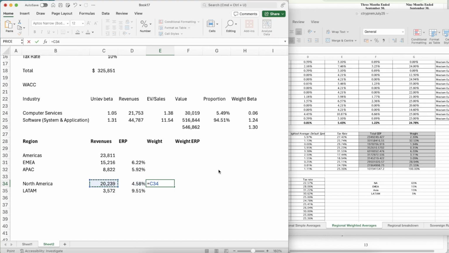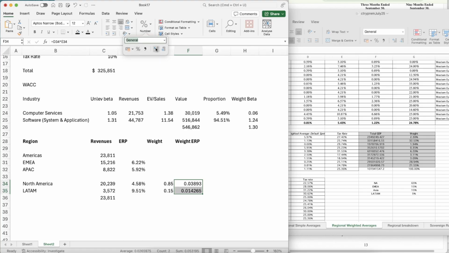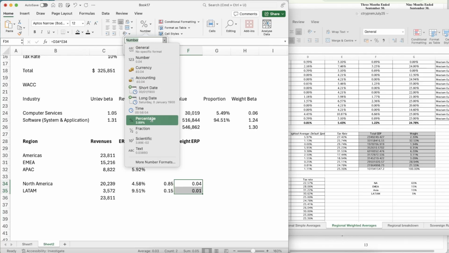The weight for this one equals divided by here, but we want to go sum of course, that way it will be a percentage.